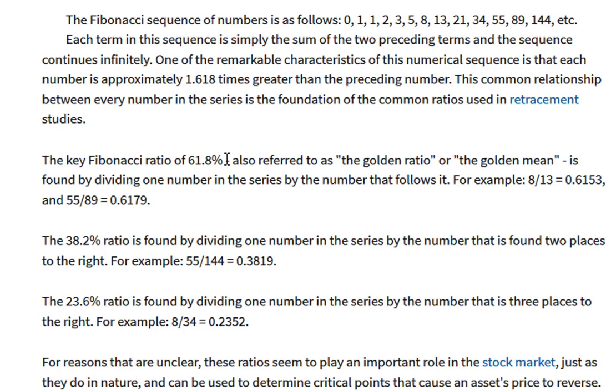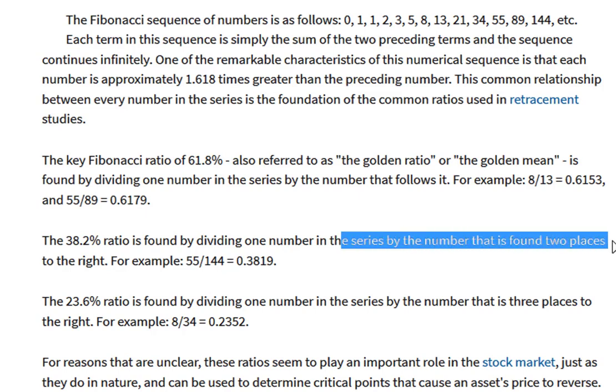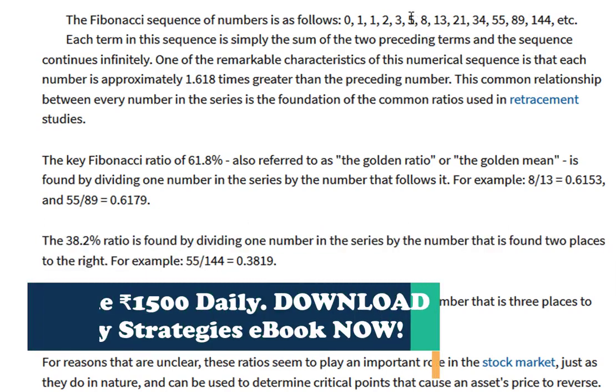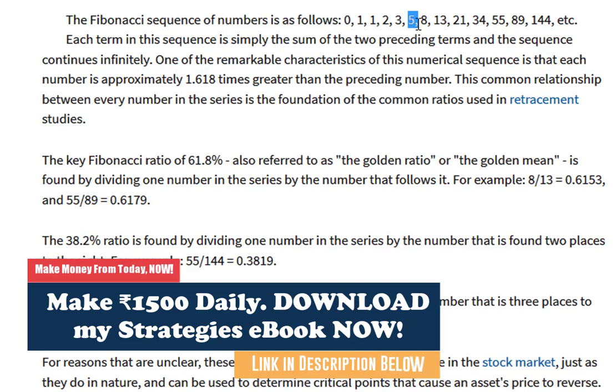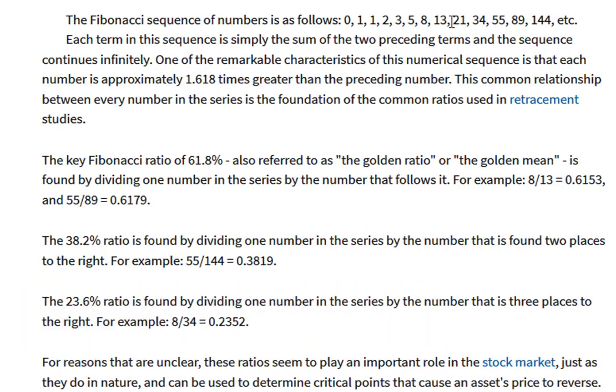Next, how does 38.2 come into the picture? The 38.2 ratio is found by dividing one number in the series by the number found two places to the right. That is, if I take 5 and divide it by 13, we get 38.2.